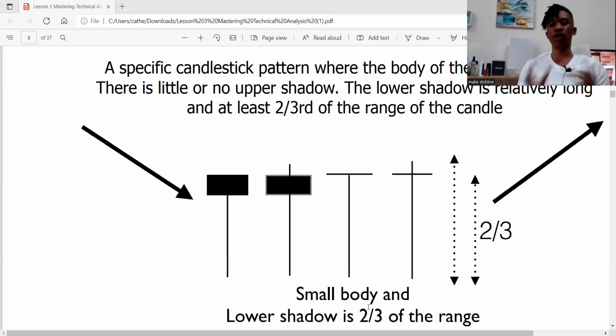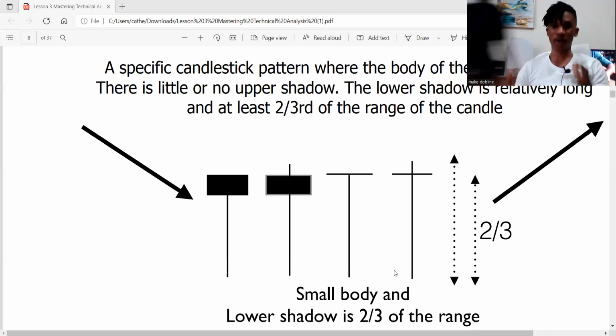And I will show you where these trends appear in the market today, and how the market reacts when these candles appear. Remember, note, this candle must appear on an uptrend, and if it doesn't appear on an uptrend, then we are not taking it.